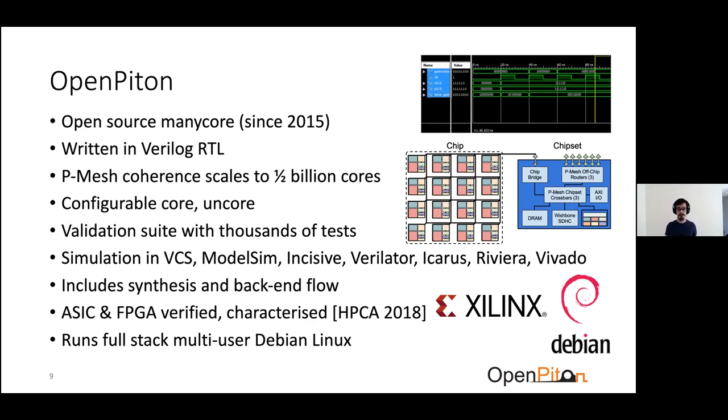The design itself is written in standard Verilog RTL with some Python for assisting in pre-processing and so on. So you don't need to go and learn some new weird hardware description language to make use of it, or if you've only been taught in an old school class that only taught you Verilog, then you'd be able to get to grips with OpenPiton.